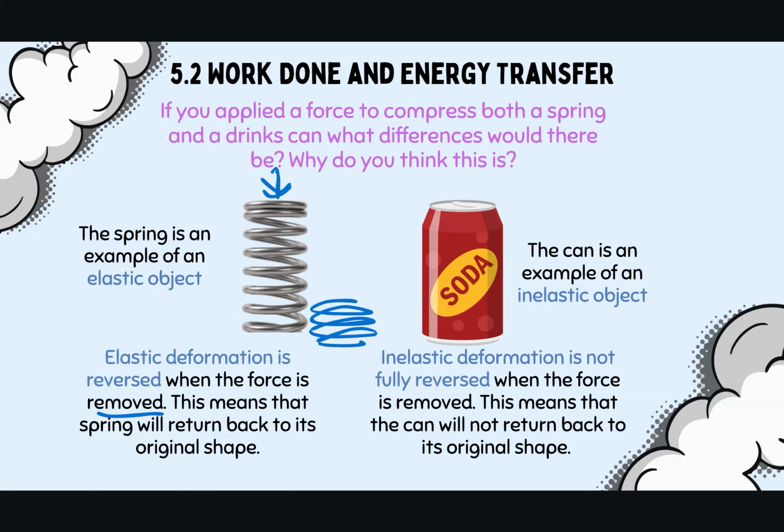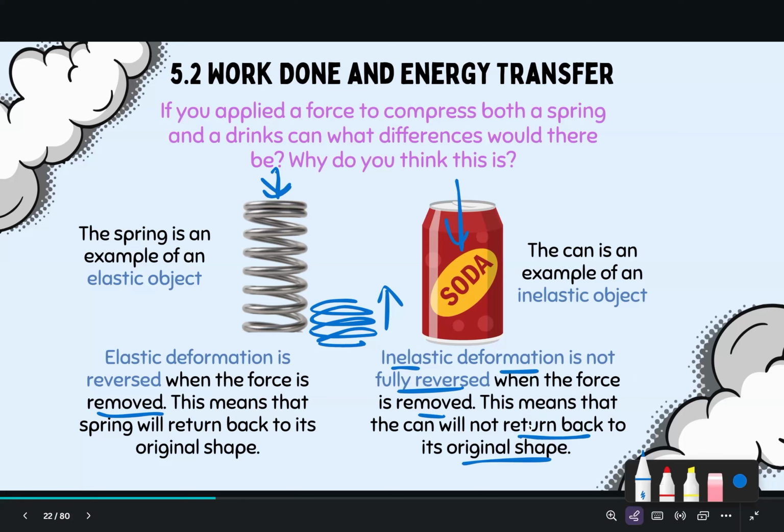You have a force that pushes downwards, you have a force that pushes back, equal in size, opposite direction. But inelastic deformation is not fully reversed. When you remove that force, the can will not return to its original shape.